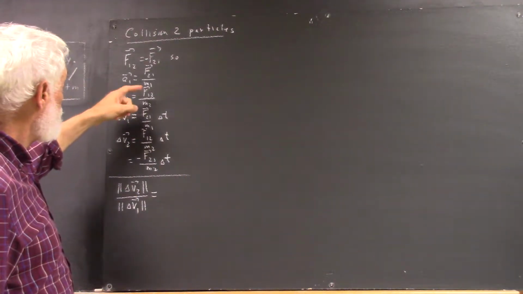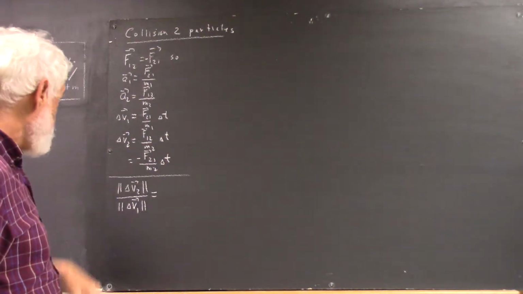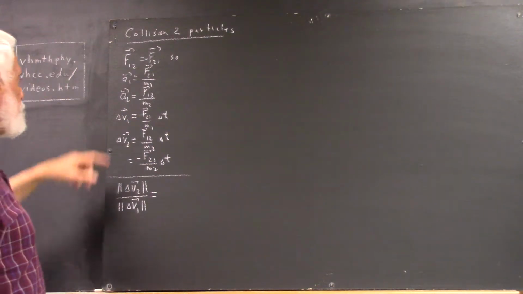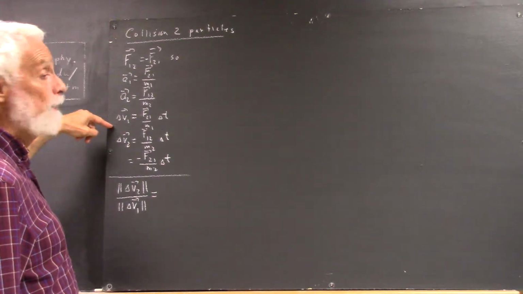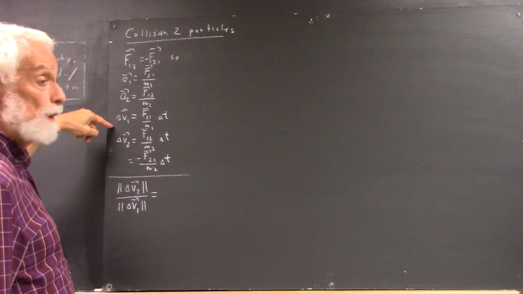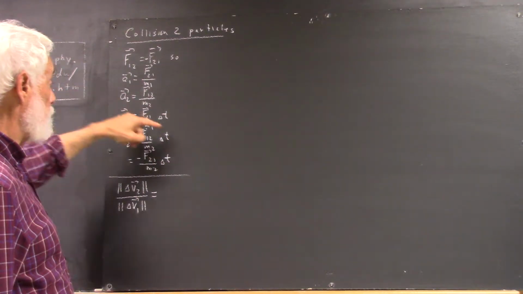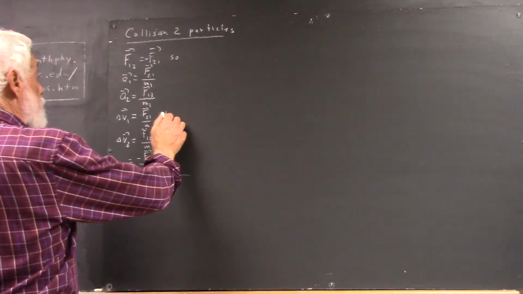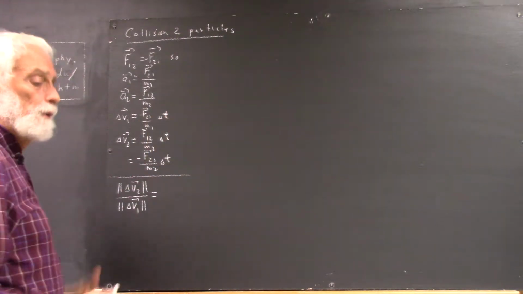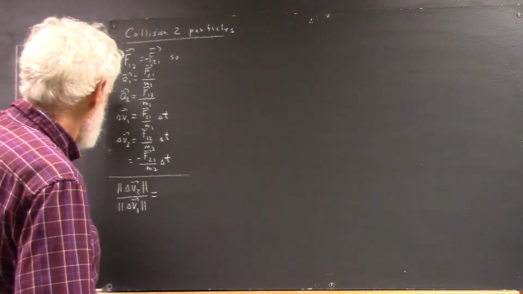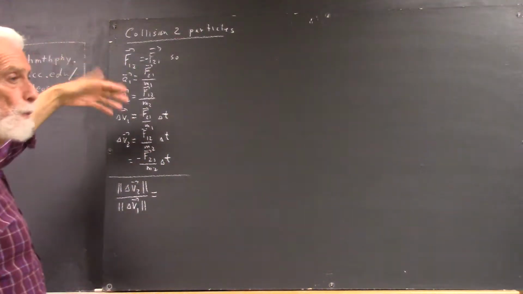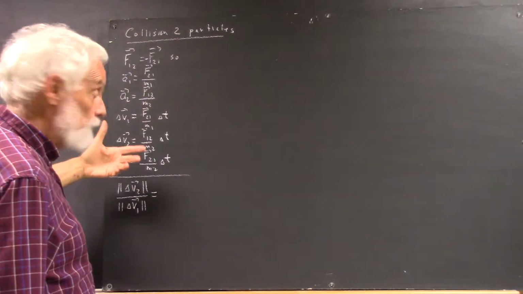Similarly, a2 is F12 over m2, so that our change in the velocity v1 is equal to what? Well, equal to the acceleration times the time interval. Now we're assuming, of course, that we have uniform forces, and that's not really the case, but it would be true of average forces as well.